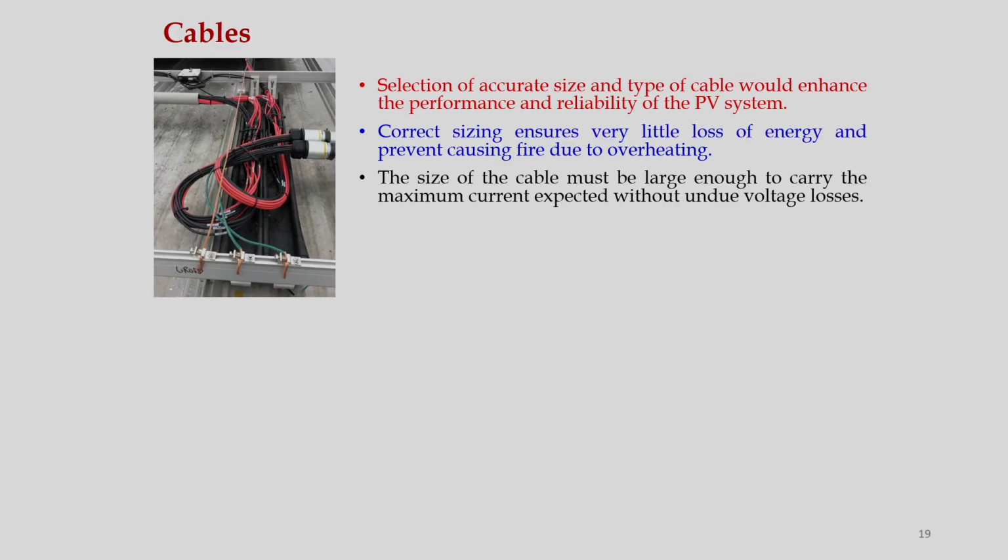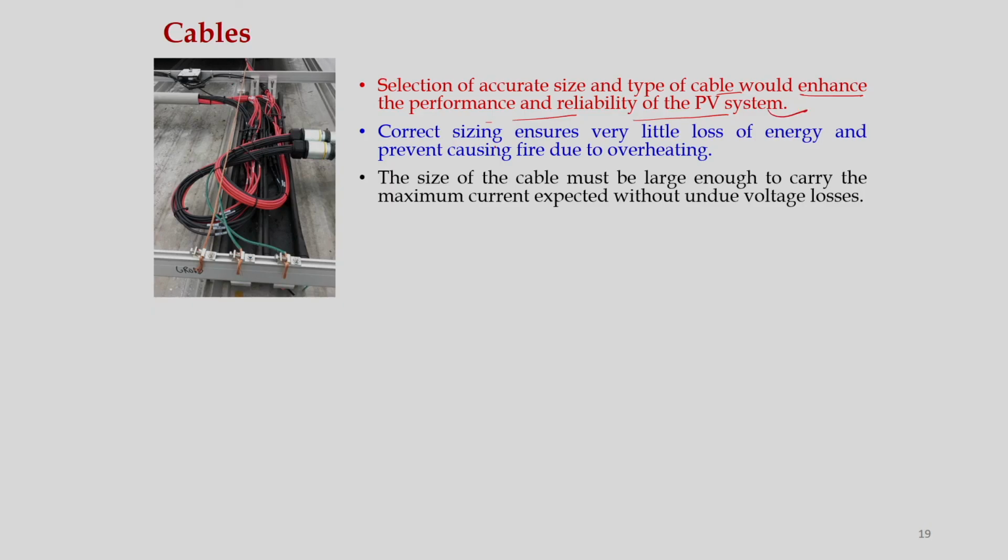Now, let us learn something about the kind of cables used in a grid connected PV system. The selection of cable plays a key role in the proper functioning of a grid connected PV system. The selection of accurate size and type of cable enhances the performance and reliability of the PV system.